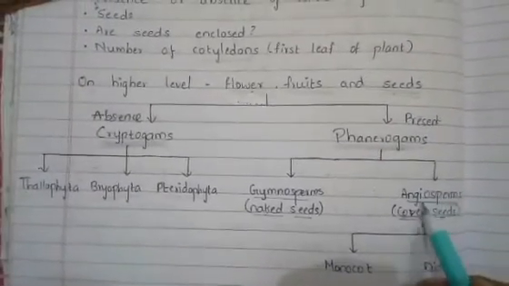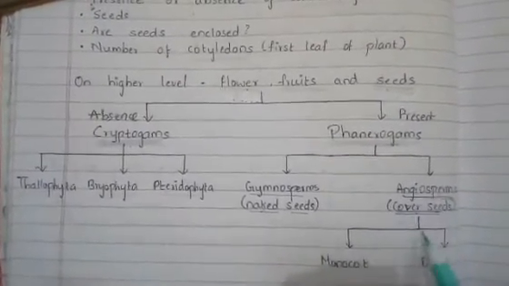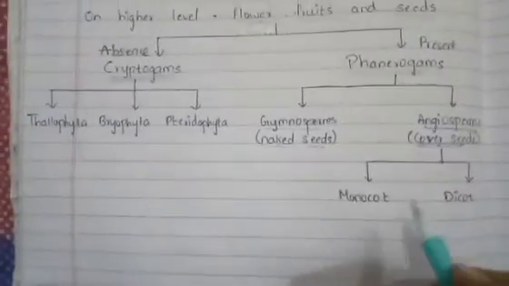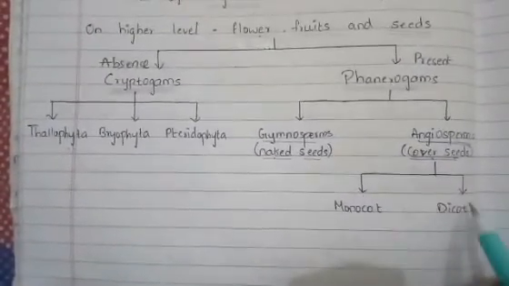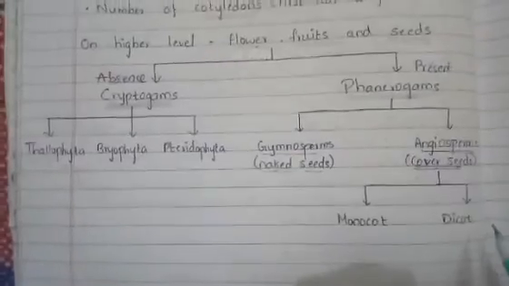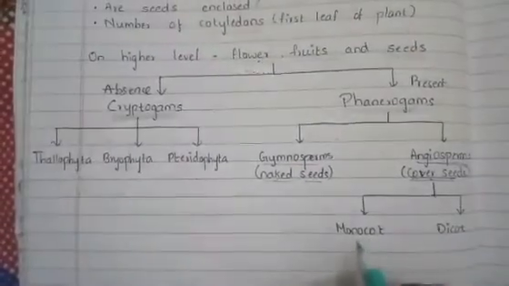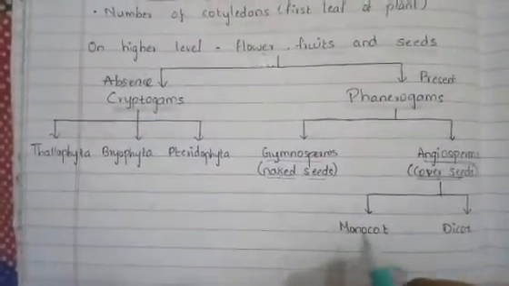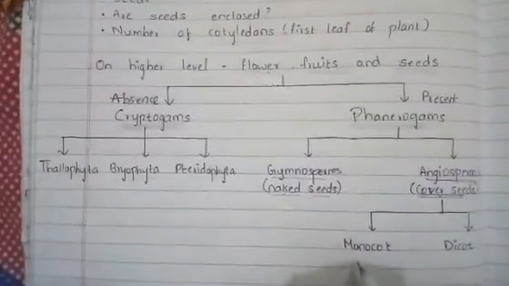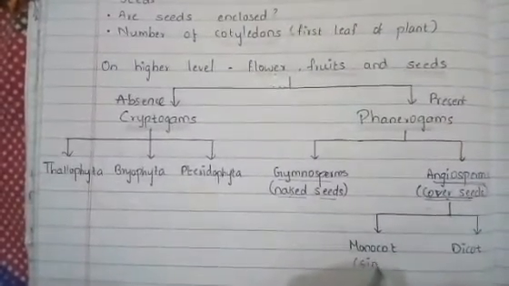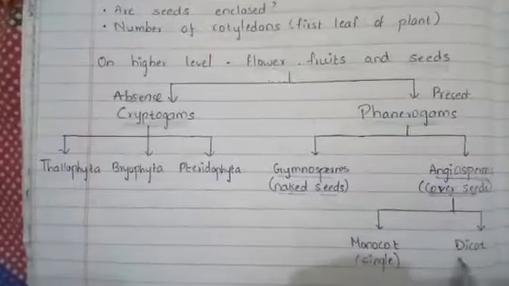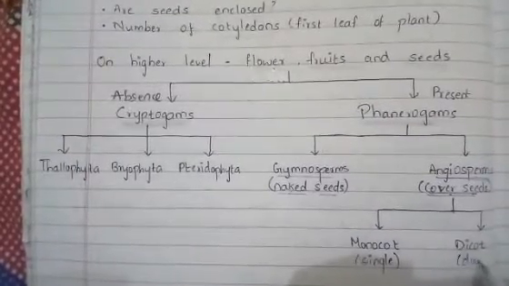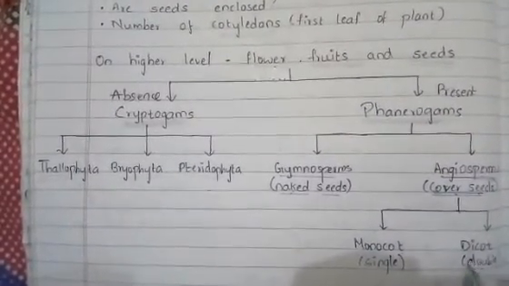Now angiosperms are further divided into two categories, which are monocot and dicot. As we have seen, what are these monocot and dicot? Monocot means single and dicot means double or two.